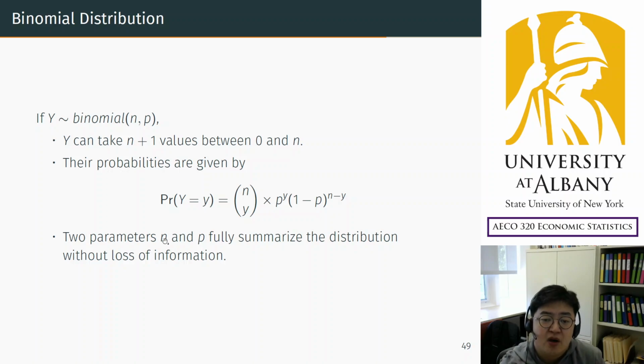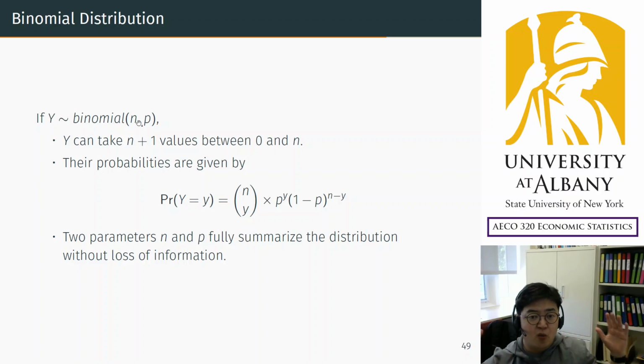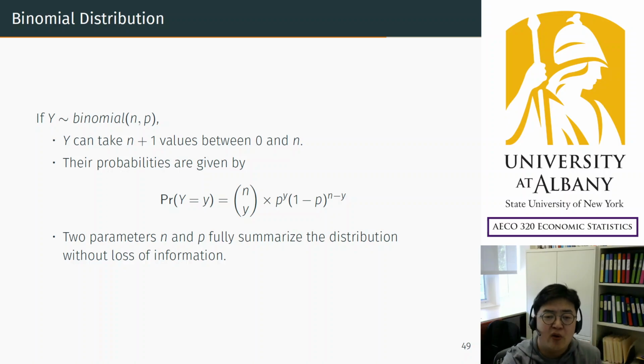That means with these two parameters, you are summarizing the probability on n plus 1 points, right? So if n was 100, then there are 101 possible outcomes, so there are 101 probabilities, one for each outcome. But basically, you don't need to know all the 101 probabilities, but only 2 numbers, n and p.